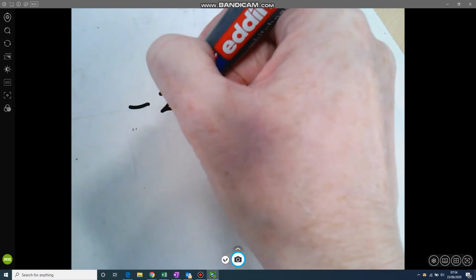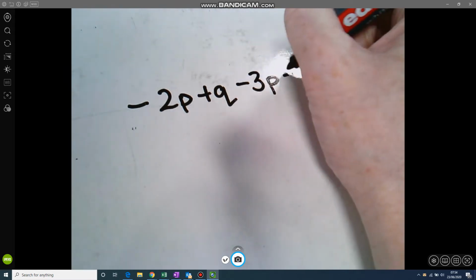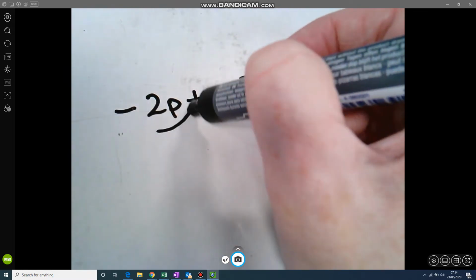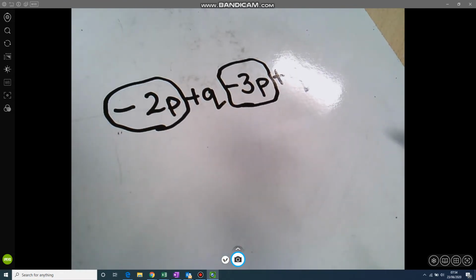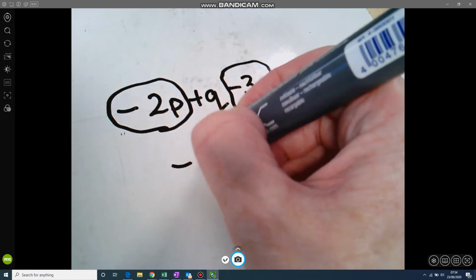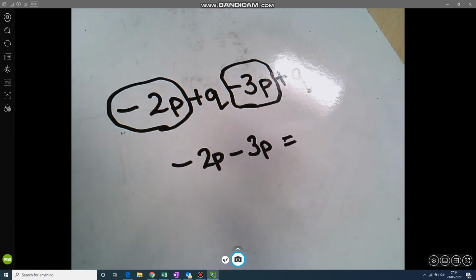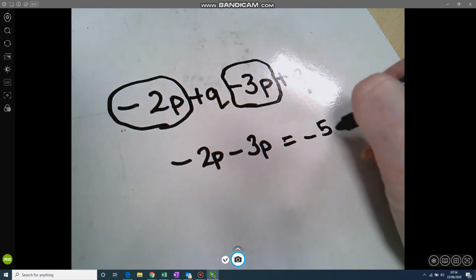Then I have minus 2p plus q minus 3p plus q. Okay, right, so if I look at these two terms here, they're both minus. Remember, the minus sticks to the number, so it's minus 2p minus 3p, which is going to be minus 5p.